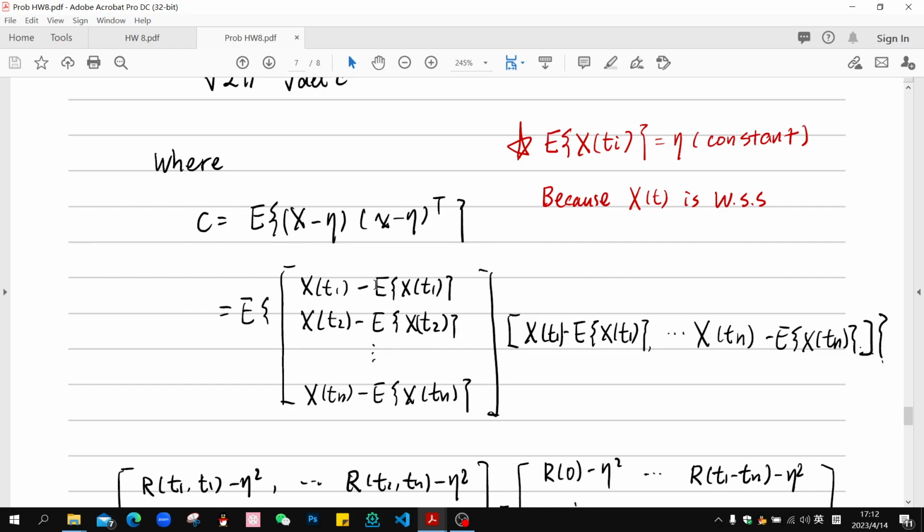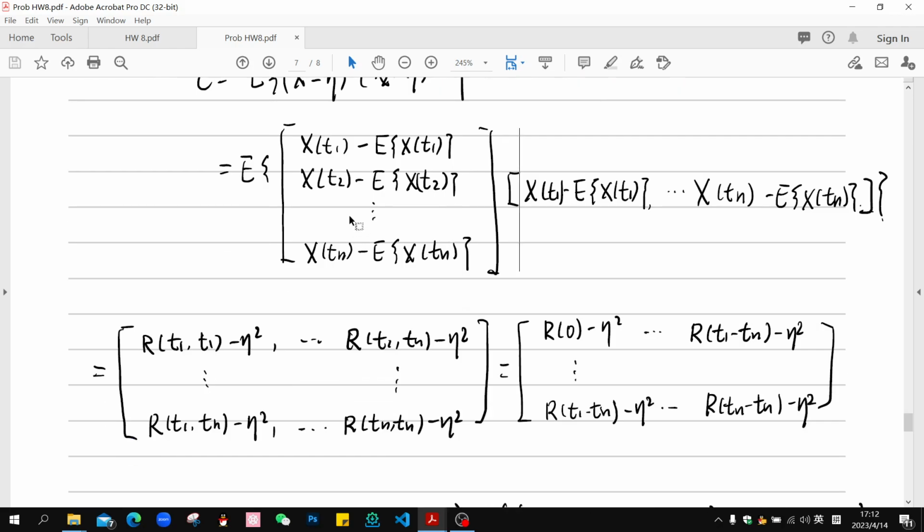And we notice that the expectation of X(ti) is a constant, eta, because X(t) is wide sense stationary. And we write it in another form, we find it to be this: R(t1, t1) minus eta squared to R(t1, tn) minus eta squared, this term.